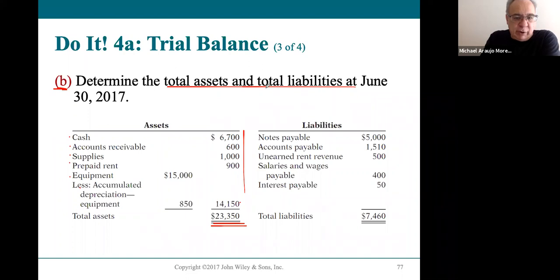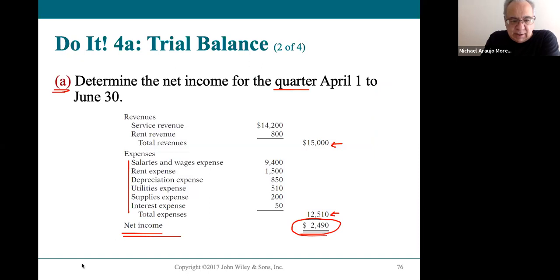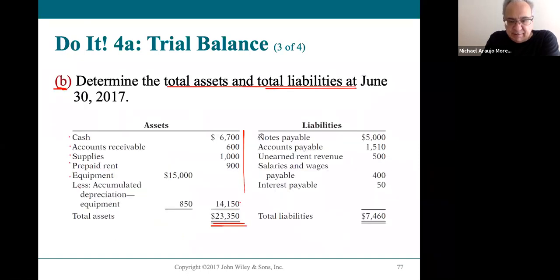They only wanted to know the total liabilities for June. So again, when you go back to the trial balance, your liabilities are right here: payable, payable, payable, payable, unearned revenue. All of these are liability accounts. So you would list the liability accounts here in the order you saw them, and then the total liabilities for 7,460.